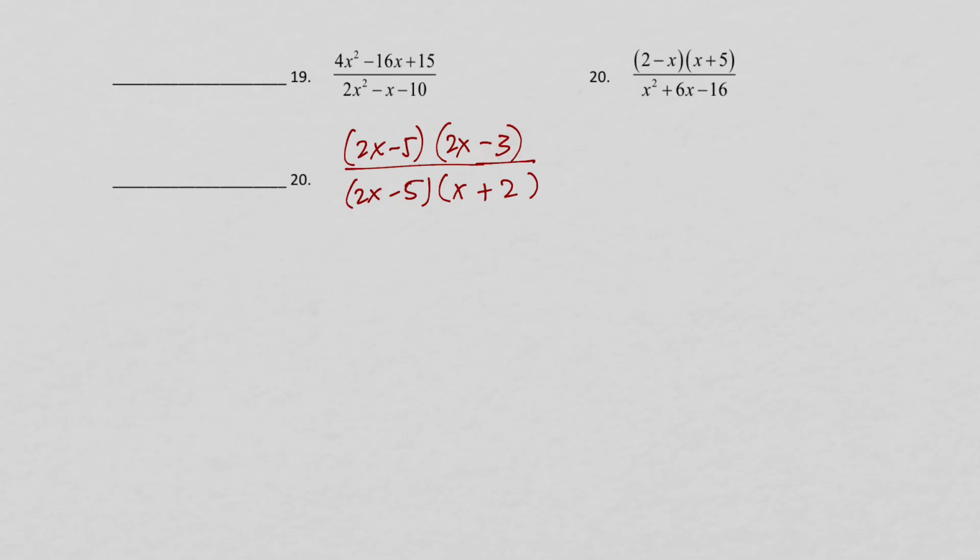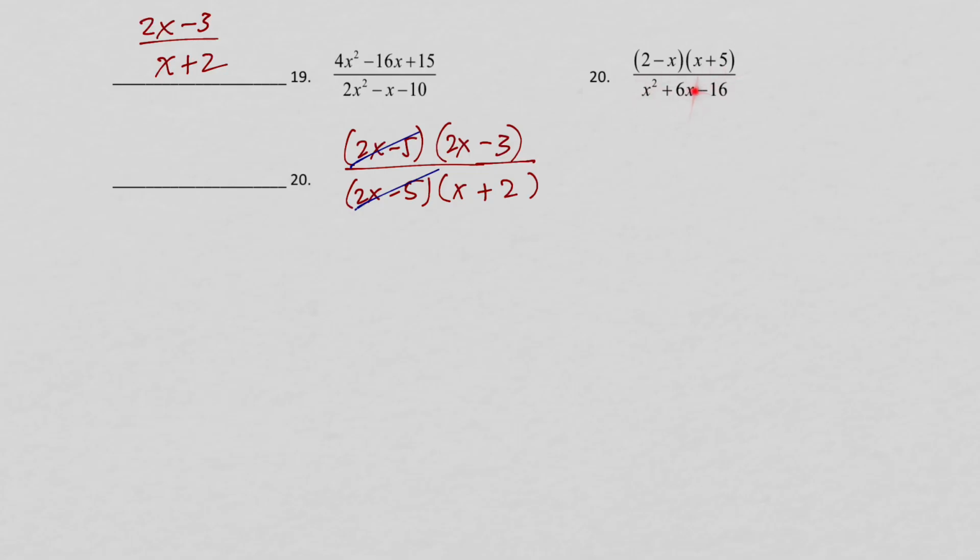And this times this is our positive 15. This times this is our positive 4. So that does work. And again, I kind of was clued into that because I had a 2x minus 5 on the bottom, so I was able to guess that that was going to be one of the factors up there. Anyway, my final answer is 2x minus 3 over x plus 2.